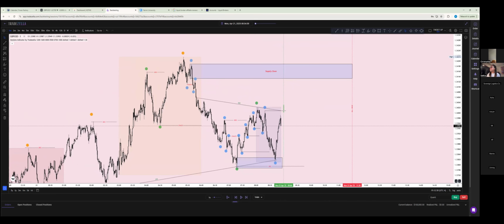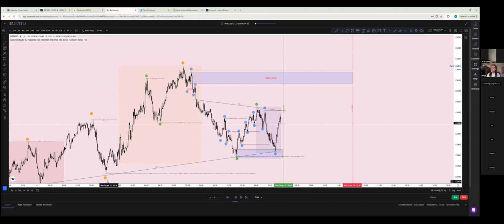Let me scrunch it a little bit. 15-minute low led to this 15-minute high, broke this structure and this structure. Created this internal structure, I should say, and it can also break that internal structure. So we know that this leg right here is what you would call a main push.